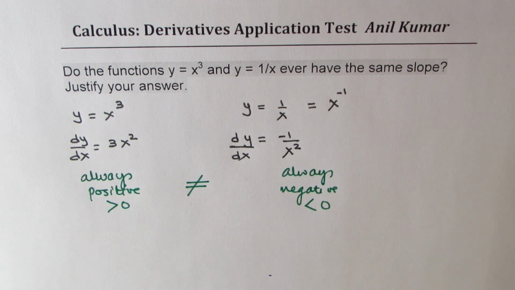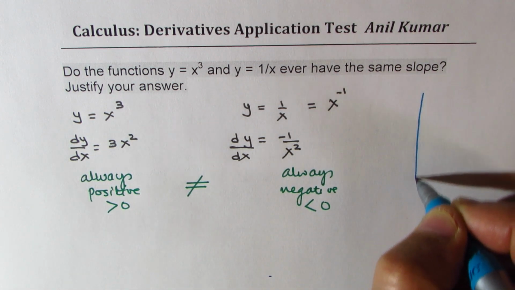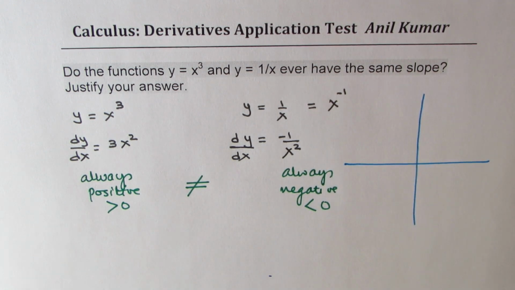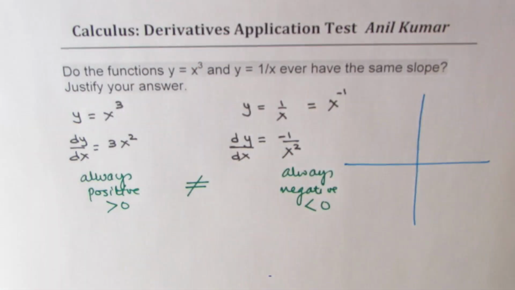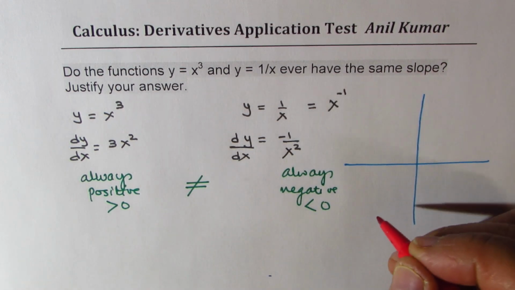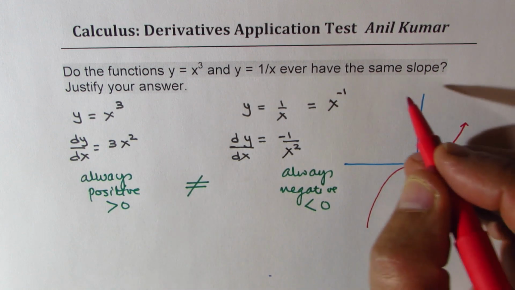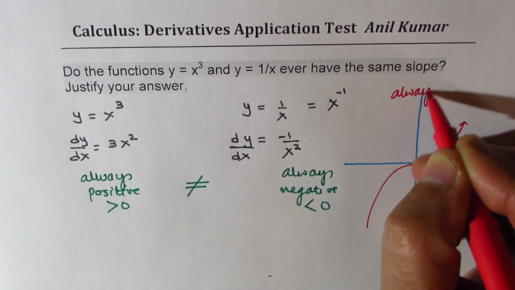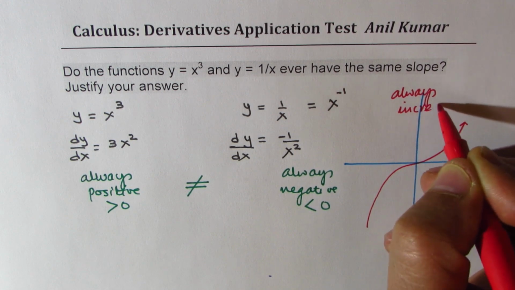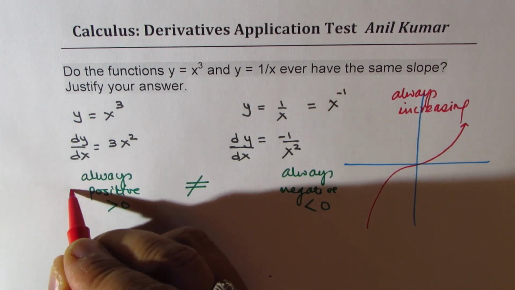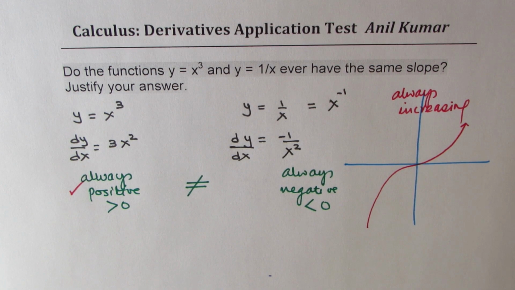You could actually see for yourself when you sketch these graphs, right? That is a good thing to understand and learn. The x cubed graph is kind of like this. You see, it is always increasing, which is, the derivative is always positive. On the other hand, the 1 over x graph is always decreasing.